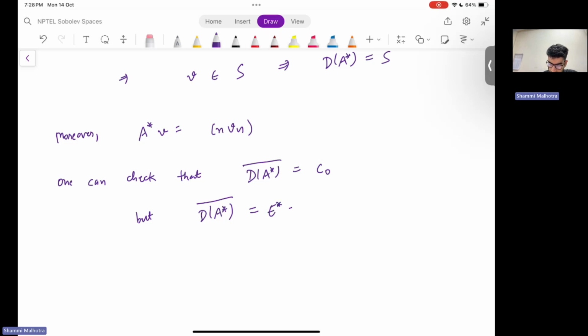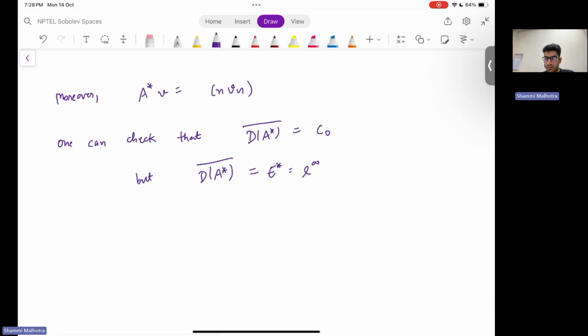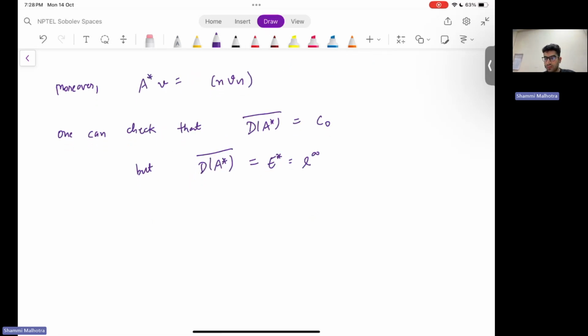E star is something which is L infinity. So it is a case where we don't have the closure of dA star to be equal to the whole E star. It's one of the examples which shows that, and it's a good exercise to check, but not very hard.